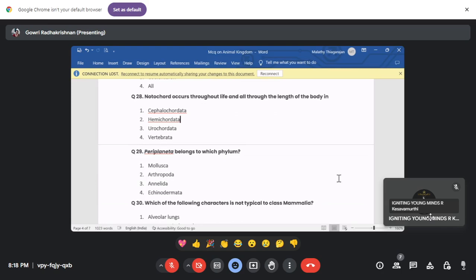Periplaneta belongs to which phylum? Echinodermata, ma'am. No, Arthropoda.